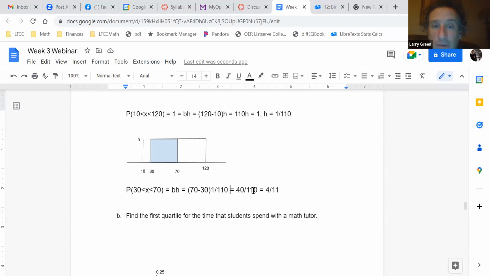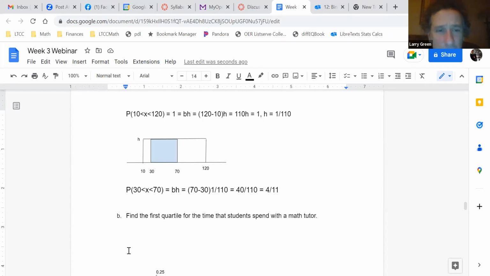And that's 40 over 110, which is 4 over 11. You can put it as a decimal if you want. So whatever the computer's asked you to do is what you need to do. If it says write as a fraction or reduced fraction, 4/11. If it said write as a decimal, then it's whatever that number is. Any questions on that?